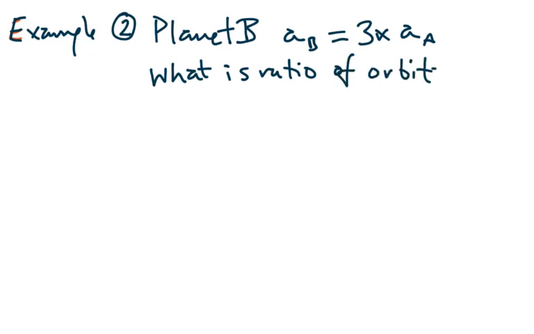We don't need to solve for the exact values, but we'd like to understand how many times longer it takes planet B to make 1 revolution of its host star compared to planet A.